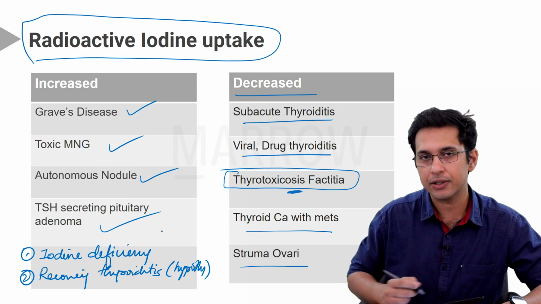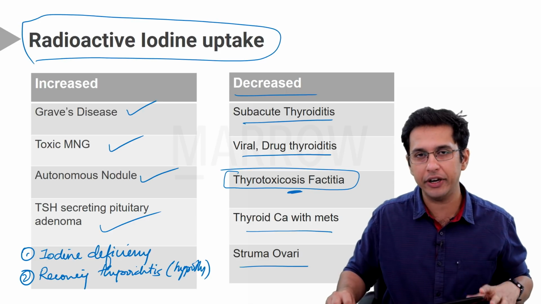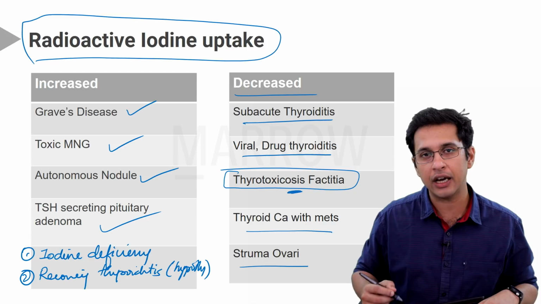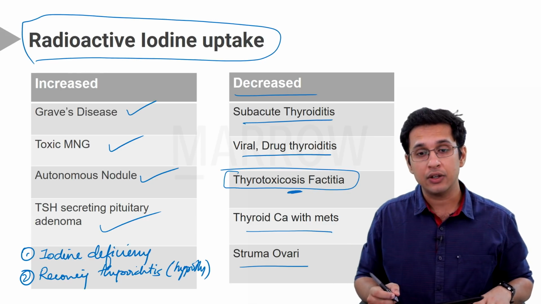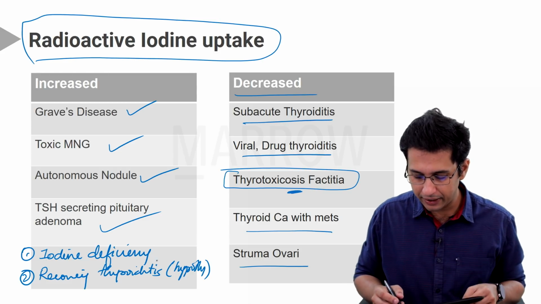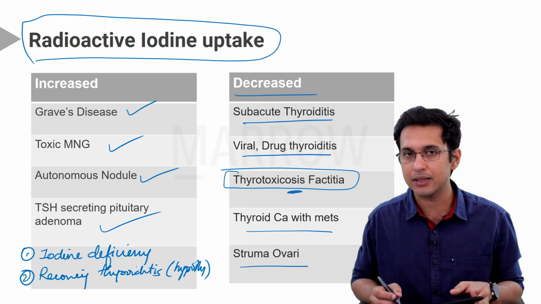In these two conditions, you just logically think, right? The thyroid is so much in need of iodine, which is not there, and suddenly you are giving radioactive iodine in an iodine deficient area or in a recovering thyroiditis. The thyroid is hungry to take up iodine. So the radioactive iodine uptake is increased. So if you get a question, iodine deficiency, recovering thyroiditis, RAI is actually increased because of this reason.